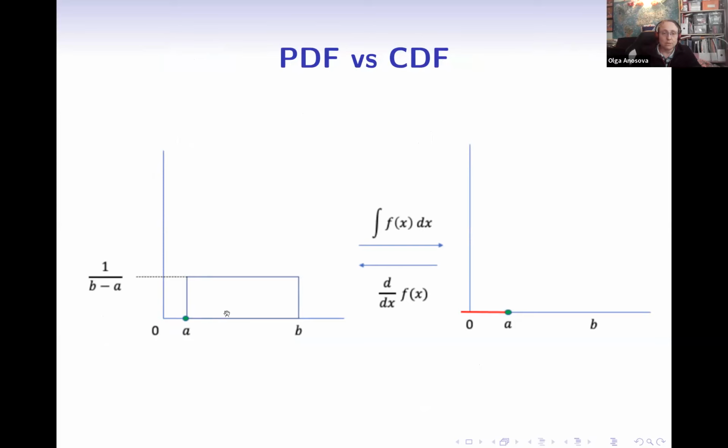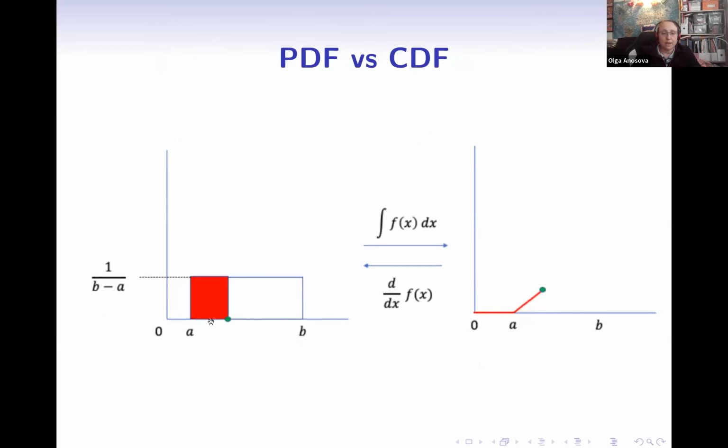So here's the PDF, the density, on the left, and the cumulative distribution probability function on the right. To start with, at minus infinity, the cumulative distribution function is 0, and the PDF in this case is also 0. Now, what happens if you start moving between A and B?